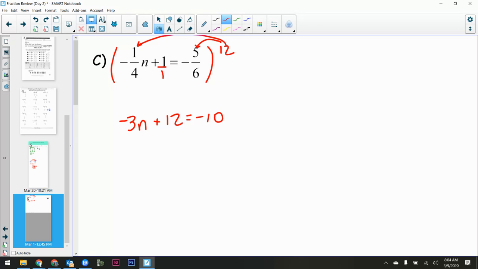I subtract the 12 to get -22. And then I divide by -3 to get 22/3. See, if you'd multiplied through by 24, there would be a reducible fraction right there. Questions about that?